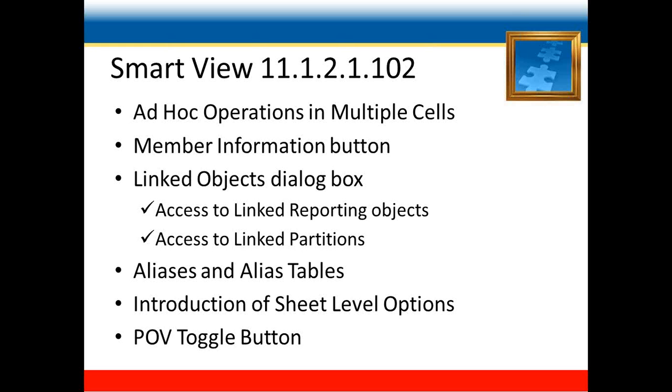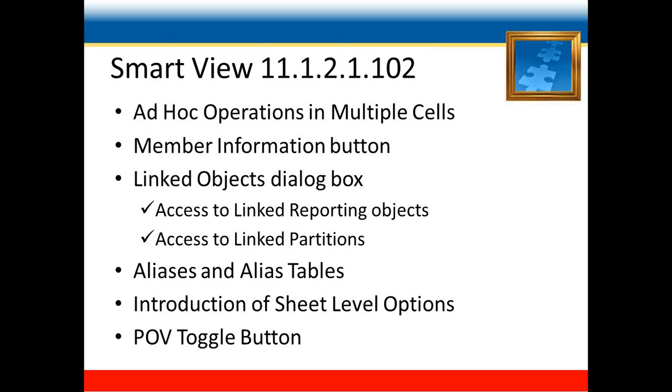There was a linked objects dialog box which could give you access to the linked reporting objects from your data source, and also to the linked partitions in your data sources.